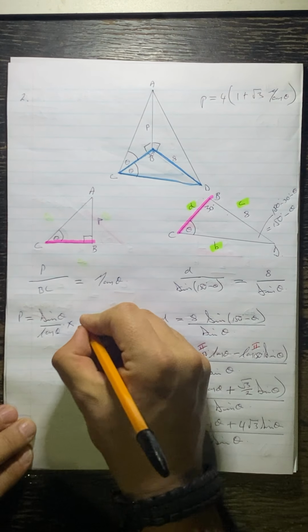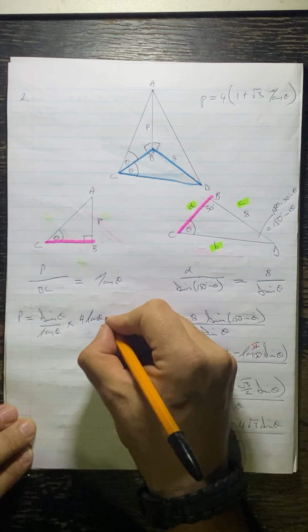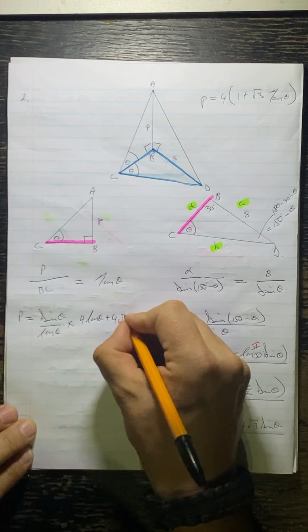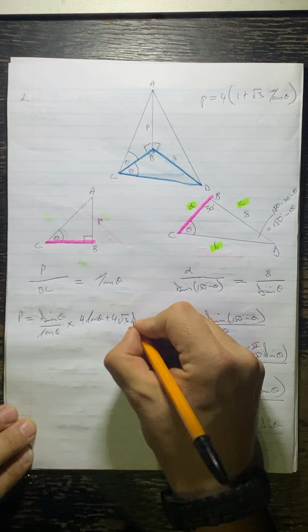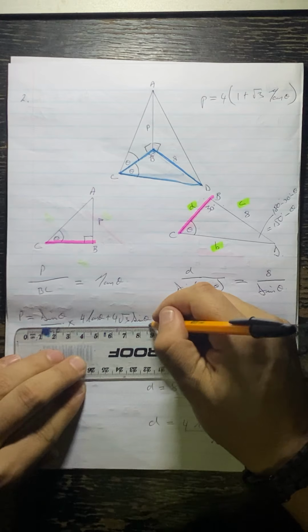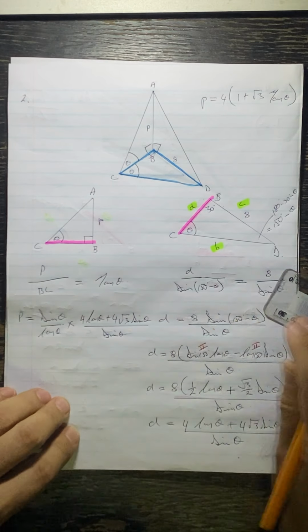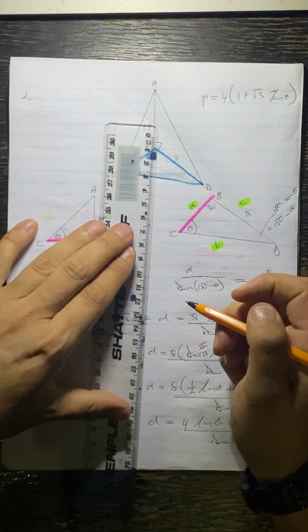So multiplied by 4 cos theta plus 4 root 3 sine theta all over sine theta.